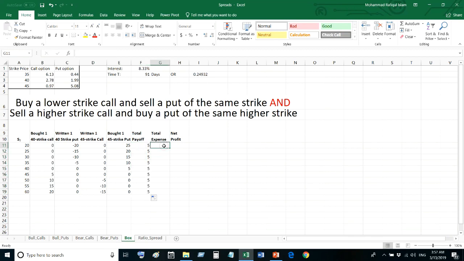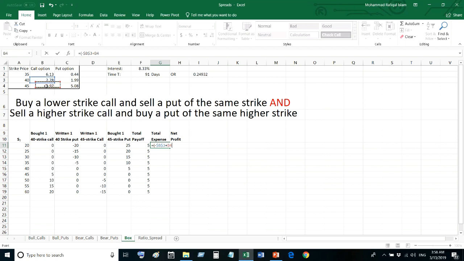The price goes up or down, whatever, the payoff is the same. Now the total expense. We bought the 40 strike call, and this is the price for a 40 strike call. Since we bought, it's negative, and then we wrote the 40 strike put. This is the 40 strike put price, and again we wrote the 45 strike call.